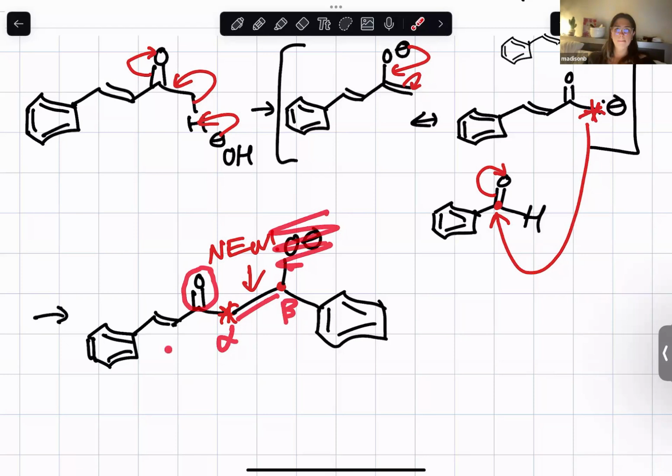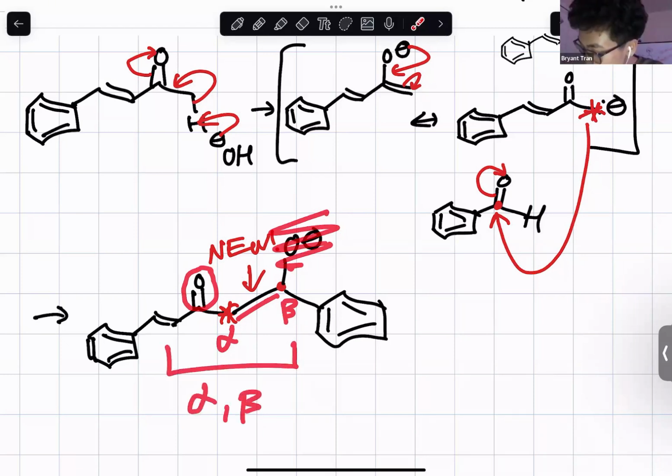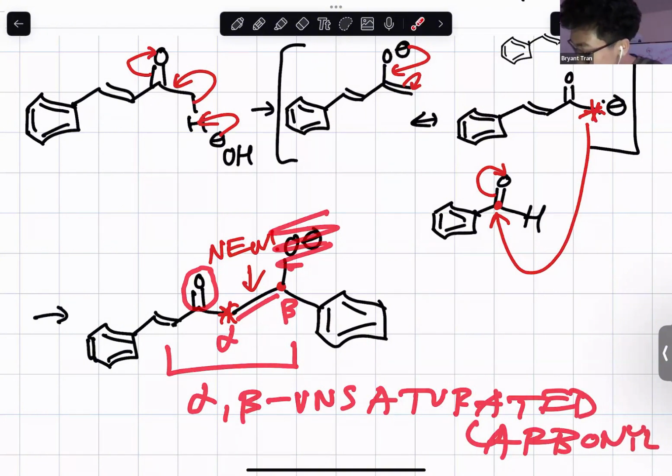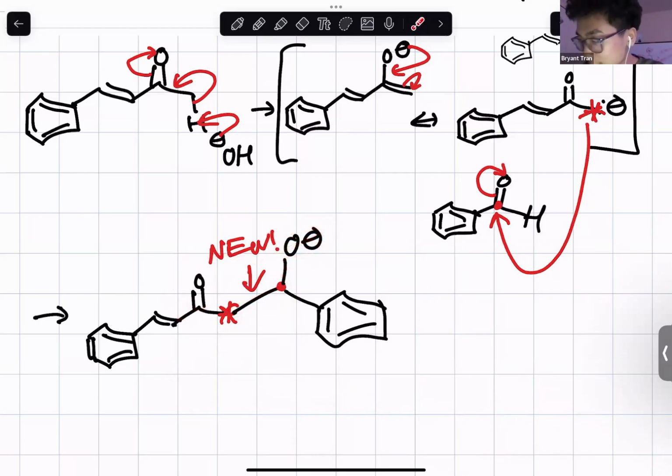Right, and this is what we call an alpha beta unsaturated carbonyl. It's called that because if you look at the carbonyl and its alpha and beta carbons, in between the alpha and beta carbon there's a double bond there, aka unsaturation, right? And in this reaction, aldol dehydration, we want this alpha beta unsaturated carbonyl and to get rid of that alcohol right there. But first, we have to make this neutral somehow.